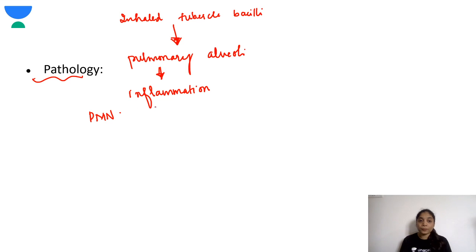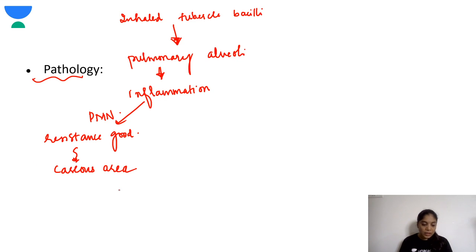So if the resistance is good, there will be a caseous area, and this caseous area will eventually heal by fibrosis and calcification.